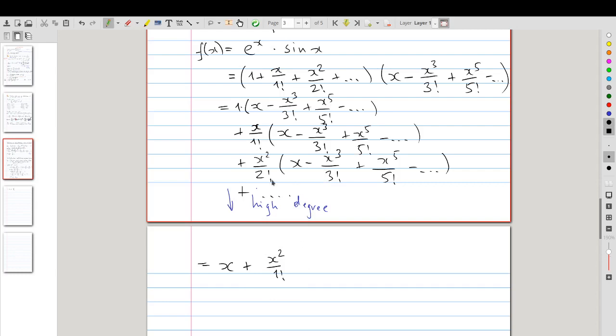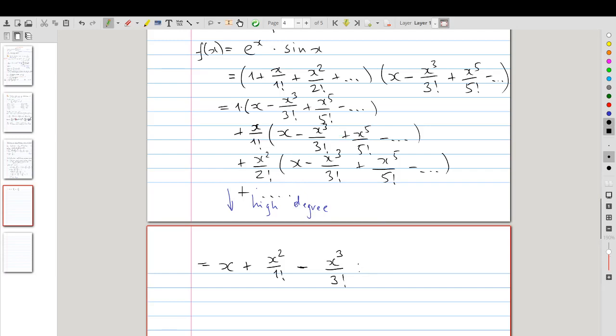Are there any x cubes? Well, yes, right here is minus x cubed over 3 factorial. Are there any additional x cubes? Well, the second line only has x squares and x to the fourth. But the third line does give me another x cubed.